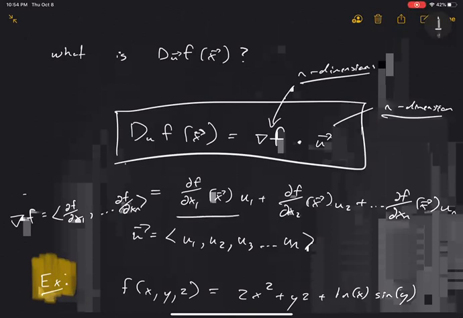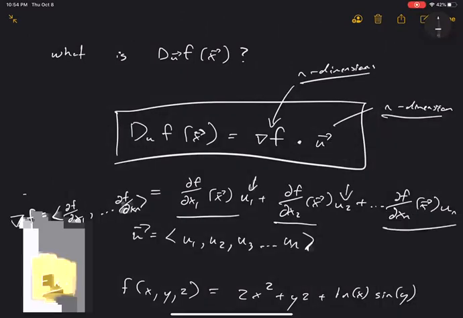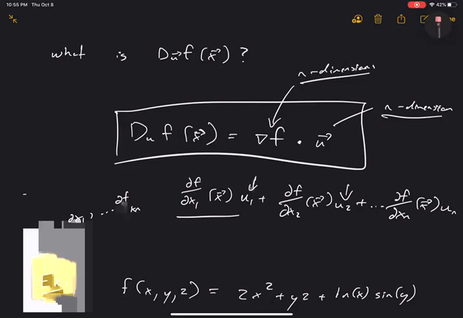So dou f over dou x1 times u1, plus dou f over dou x2 times u2, plus, and I continue on all the way up to dou f over dou xn times un. So when I use this vector notation, it's a really simple, clean extension to higher dimensions, right?